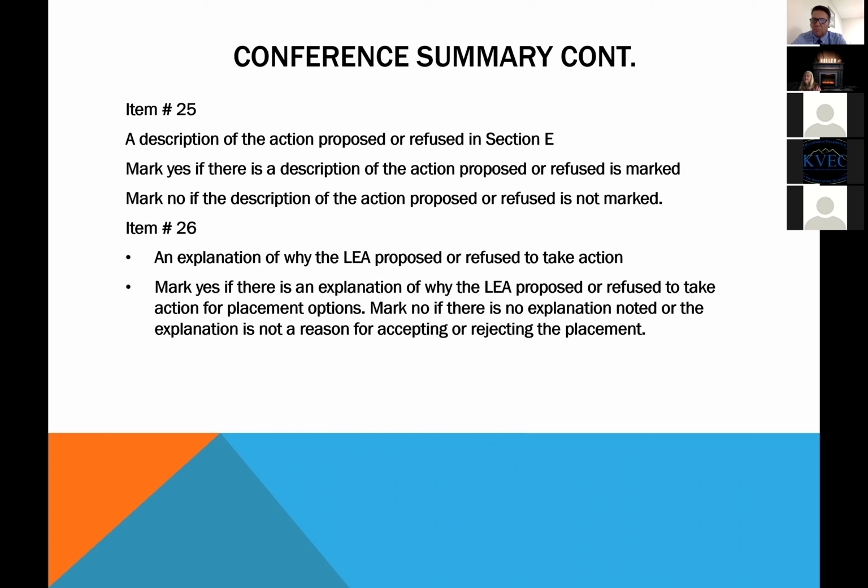When you're looking at 26, an explanation of why the LEA proposed or refused to take the action, this is the part where you're saying, like maybe for an MMD child, that they may need a slower pace because of the cognitive disability, those types of things. That's what has to be in that part. So you mark yes if there's an explanation of why the LEA proposed or refused to take the action.